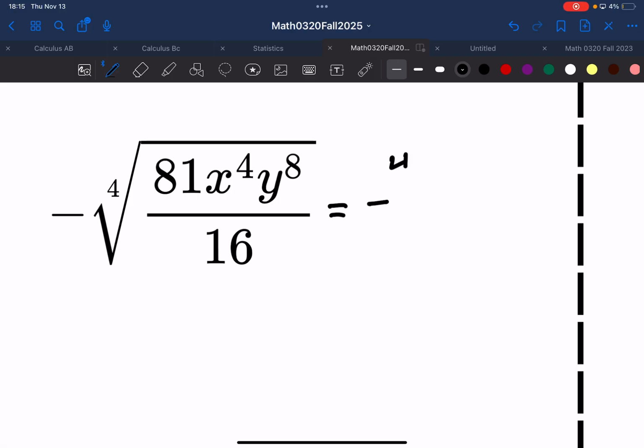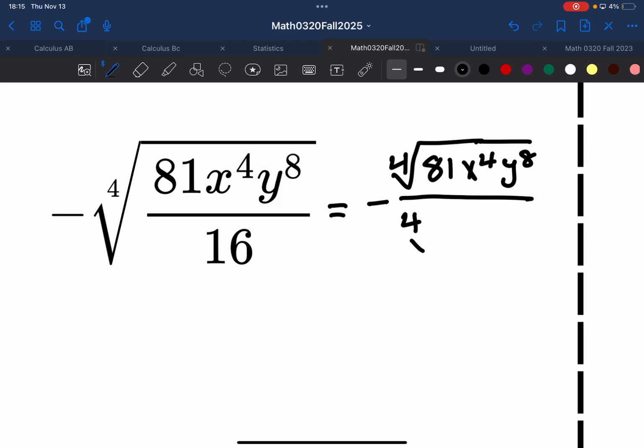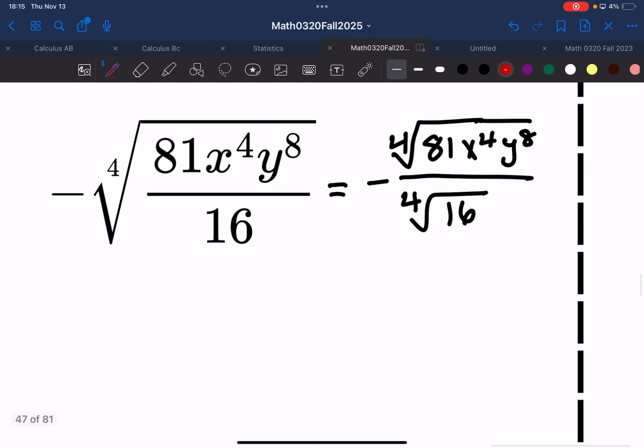And I'm going to do the 4th root of 81 x to the 4th y to the 8th over the 4th root of 16. Because it's a fraction, I can give my radical to both the numerator and the denominator. Then off of the 81, I'm going to do the prime factor tree, off to the side.